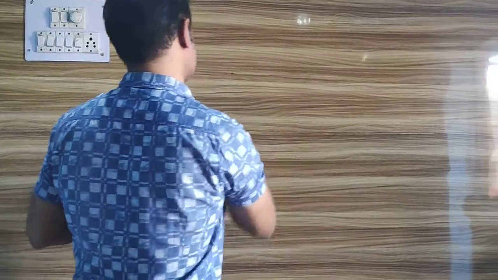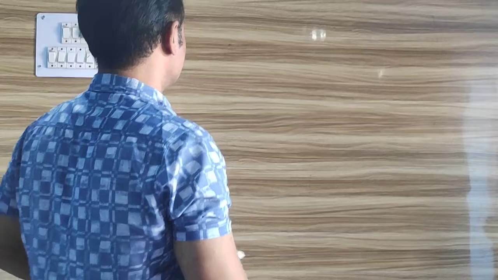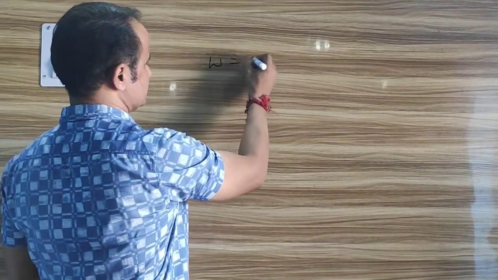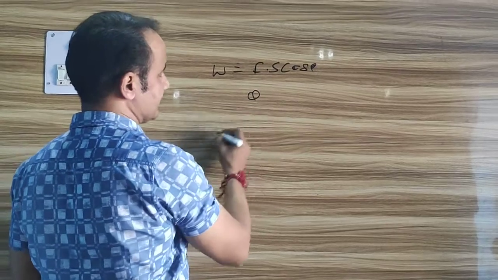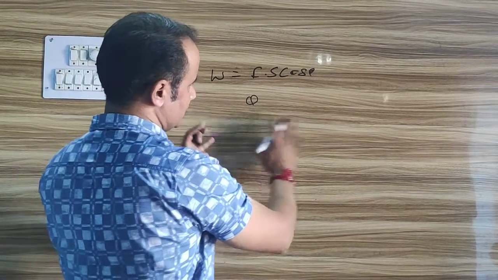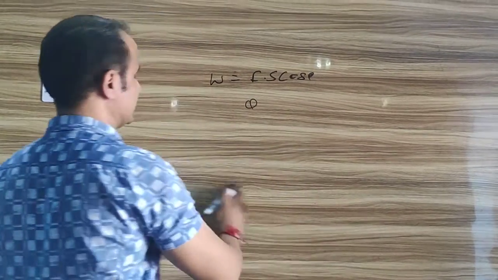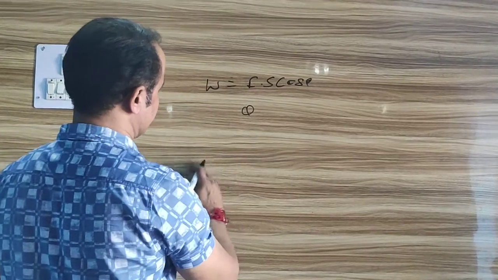Now, what do we observe from this? The work done is W equals Fs cos theta, and we can divide theta into three different categories.